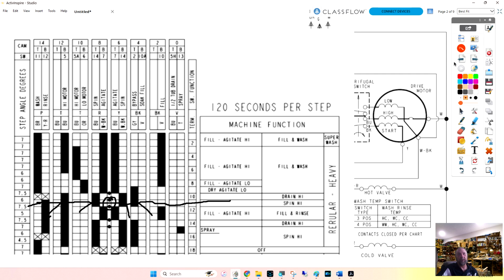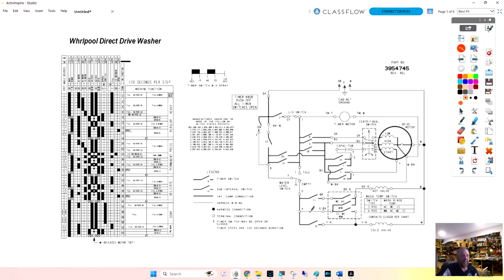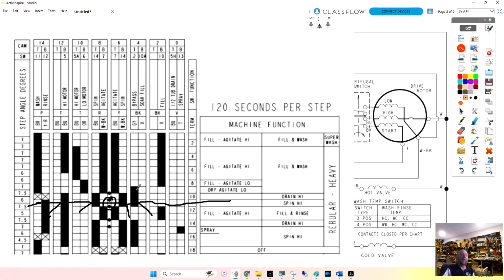Let's go back for a second. It's not fully shaded though. But what does it say right there? Yeah, motor is off. I guess that counts too. Even if it's in the off position, it counts. It's off or on. So actually the dark line is on and the clear spot in between the two shaded spots is off.